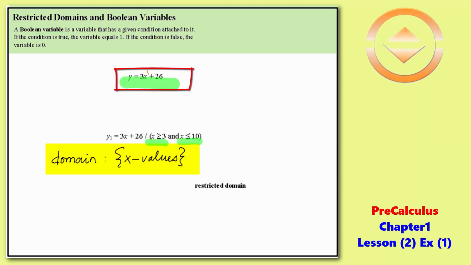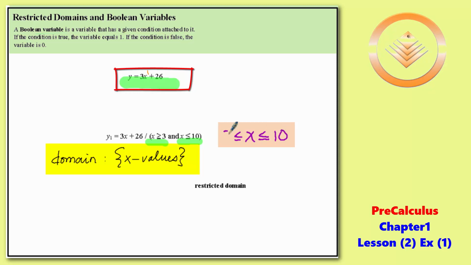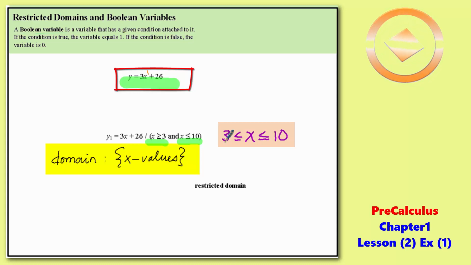The other way to write this is to compress the x in the middle. It's called sandwiching. X is greater than or equal to 3, but less than or equal to 10. Now that is what you call a restricted domain.